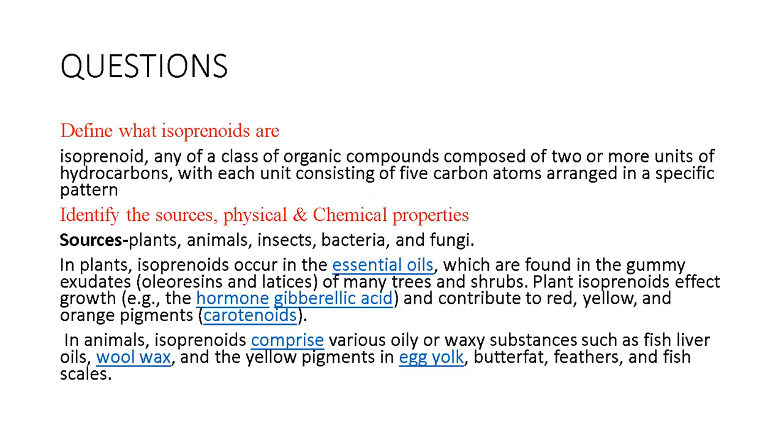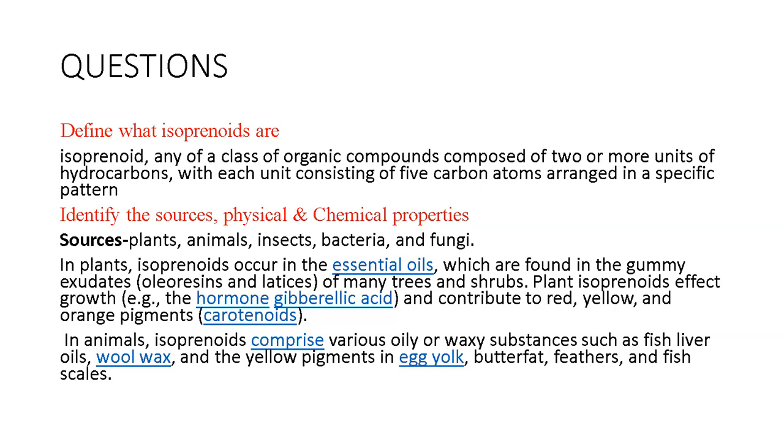They are any class of organic compounds composed of 2 or more units of hydrocarbons, with each unit consisting of 5 carbon atoms arranged in a specific manner. Identify the sources, physical and chemical properties. The sources are obviously plants, animals, insects, bacteria, and fungi. Basically any living thing.